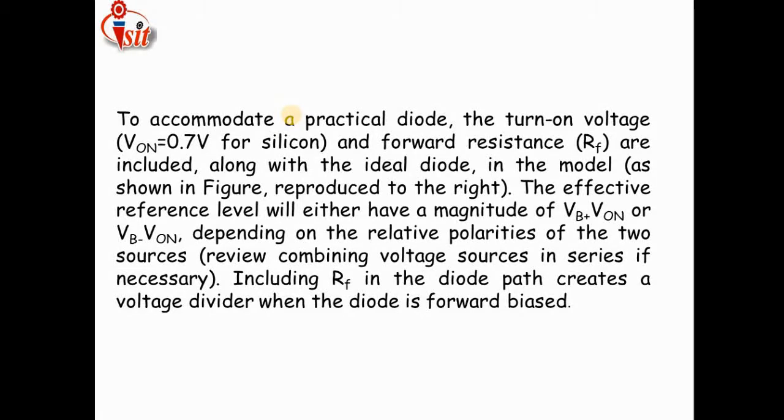Depending upon the relative polarities of the two sources, combining the voltage sources in series if necessary, including that reference voltage and reference resistance in the diode path creates a voltage divider when the diode is forward biased.